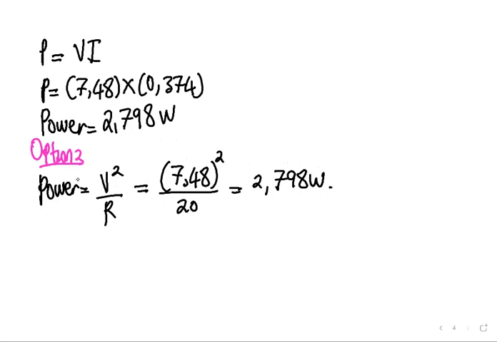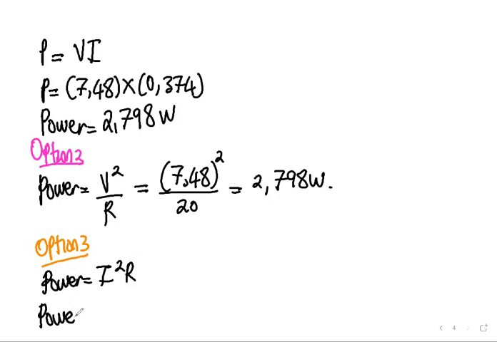And then the one who's going to use the last option, option number 3, you're still going to get the same answer, because at the end of the day you are using the formulas for power. So another one will say power is equal to I squared R, right? I is our load current, which we got as 0.374.